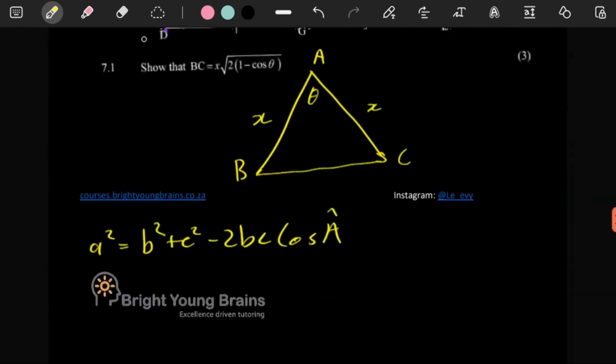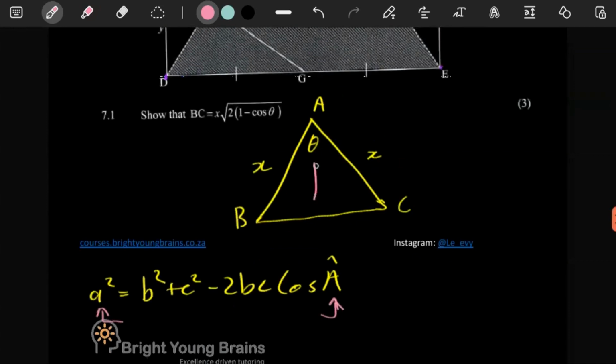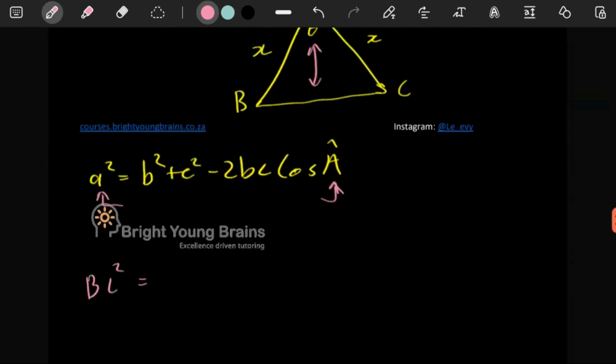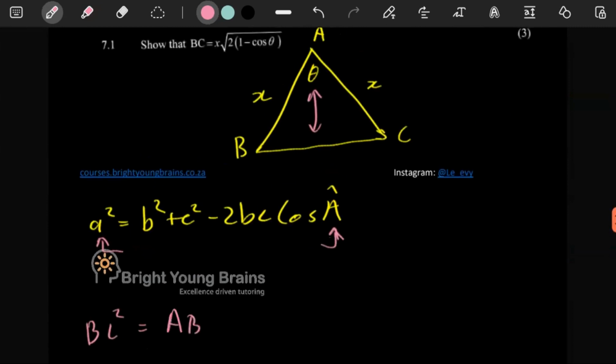As long as you know that this angle goes with this side, you're good to go. These two go together. So here you have BC squared equal to AB squared plus AC squared minus 2AB AC cos the angle.